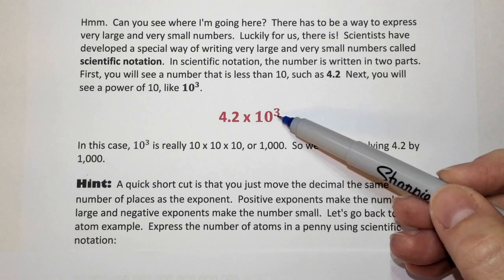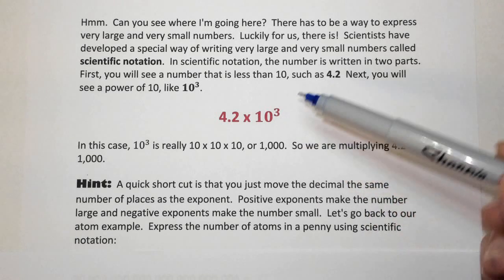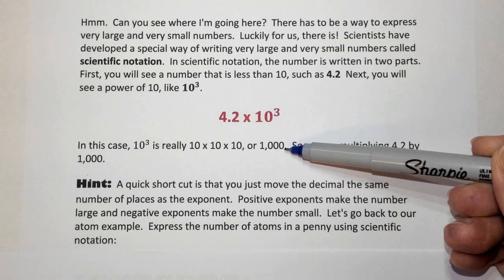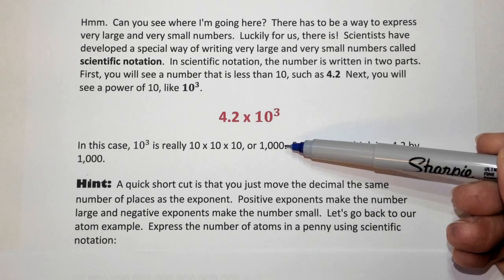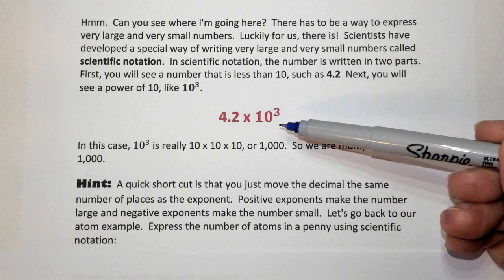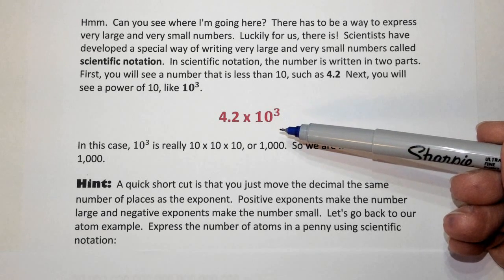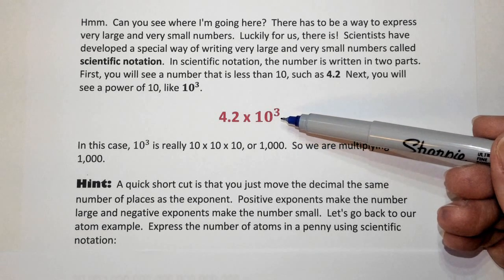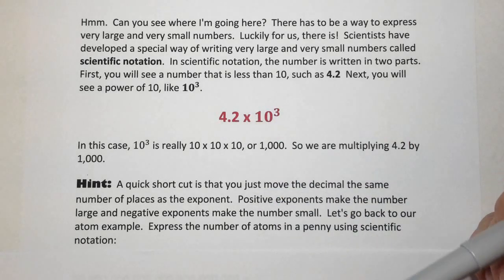Positive exponents like this one will make the number large, just as in this case we're multiplying it by a number with a lot of zeros here. Negative exponents, if this was a -3, are going to make our number very small, because remember, a negative exponent shows a fraction. Multiplying any number by a fraction would be small.